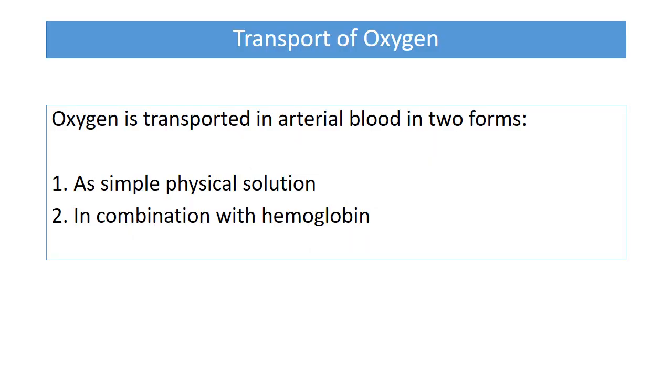And now the oxygen that has entered into the systemic arterial blood is transported in two forms. Number one, as simple physical solution, and number two, in combination with hemoglobin.